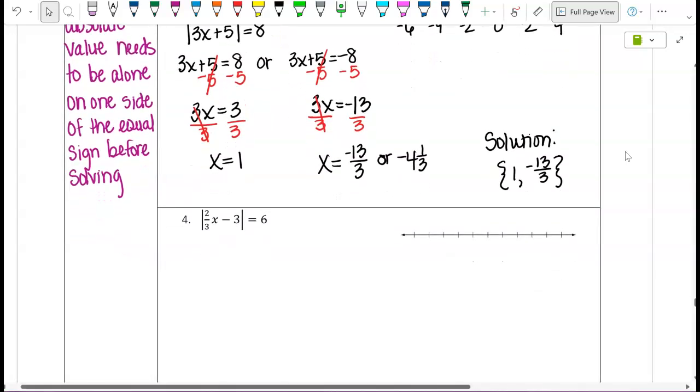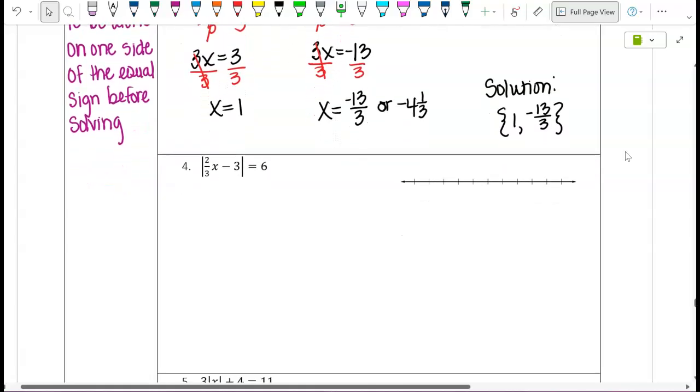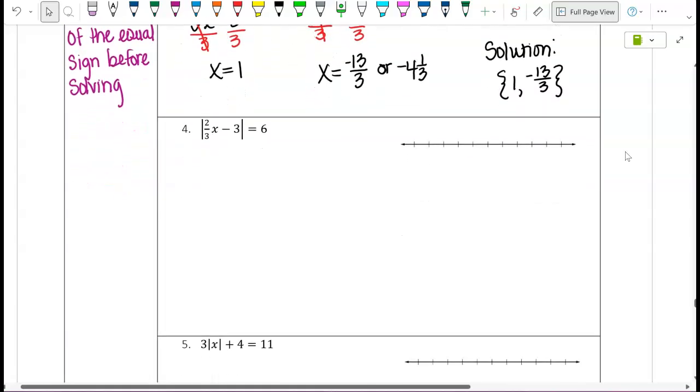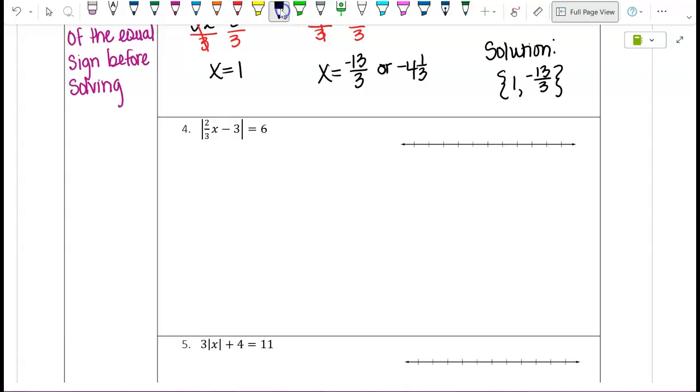Number 4, the absolute value of 2/3 x minus 3 equals 6. There's nothing outside of the absolute value, so I don't have to move anything. So here I can go into setting up my two equations. 2/3 x minus 3 could equal +6, or 2/3 x minus 3 could equal -6.